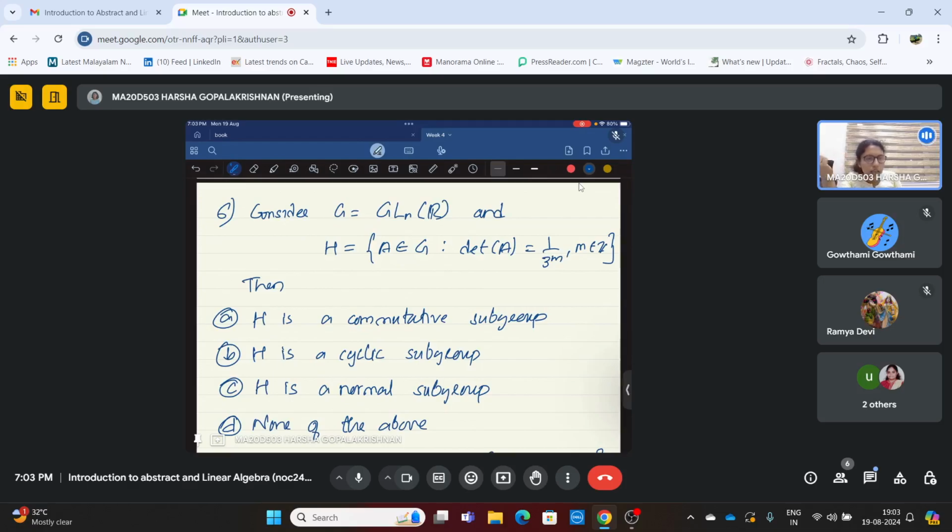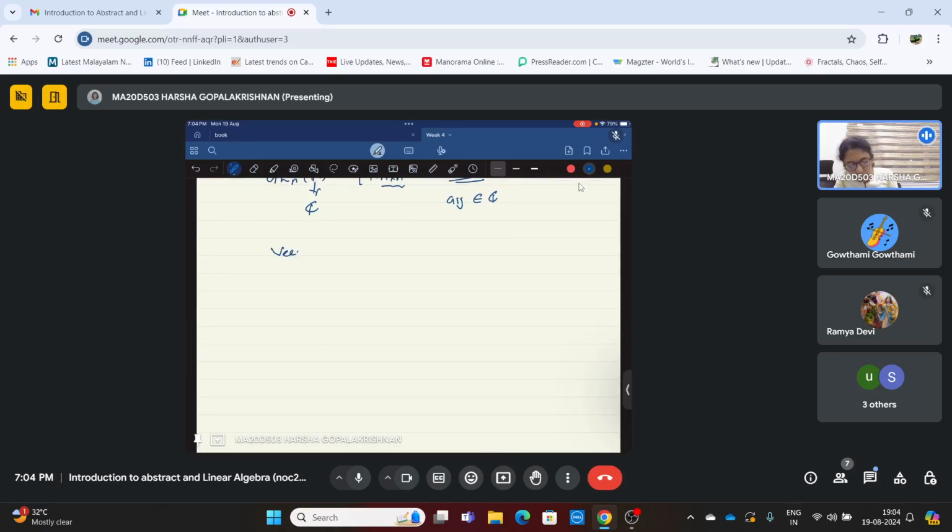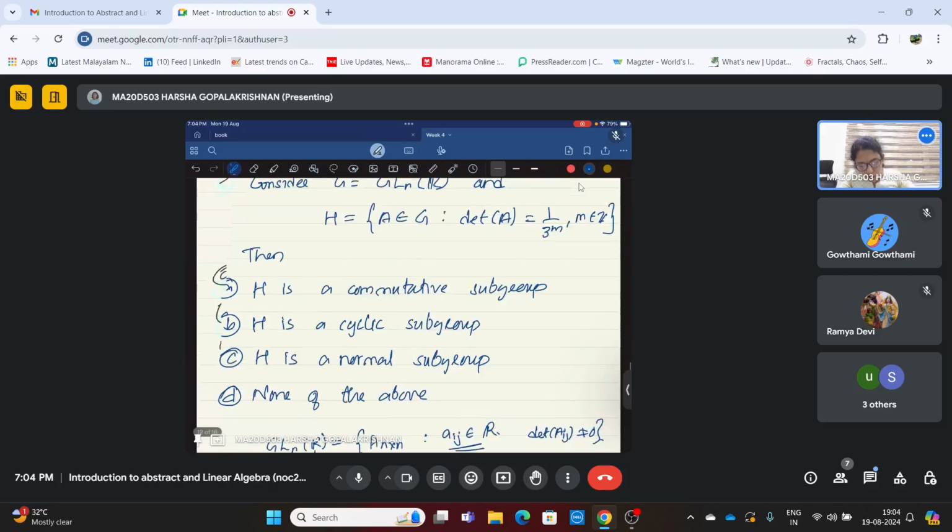H is the set of all matrices from G such that the determinant of A is 1/3^m. We said when the determinant of A is non-zero, it is G. Now we are restricting to the case where the determinant of A is 1/3^m for any m in Z. We are collecting all such matrices from G and taking them as H. So first you should verify that H is a subgroup. That's your exercise, an easy exercise, so I am leaving that to you.